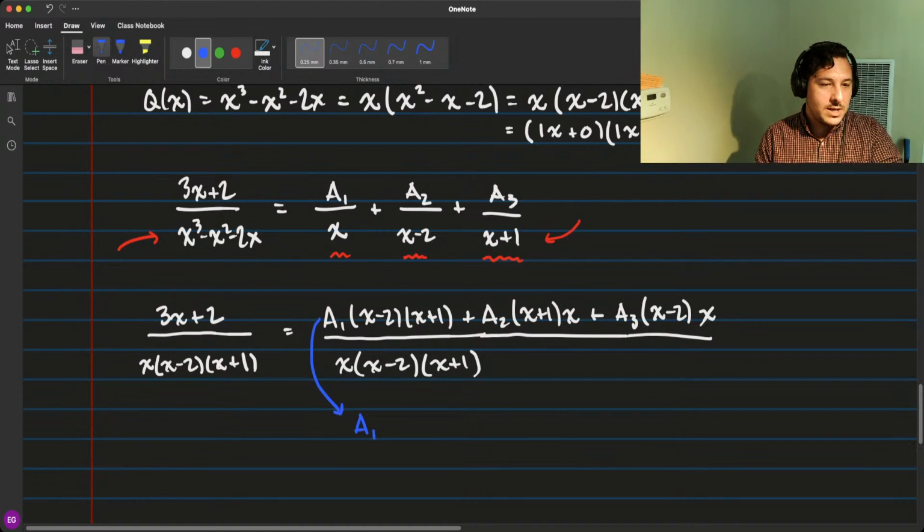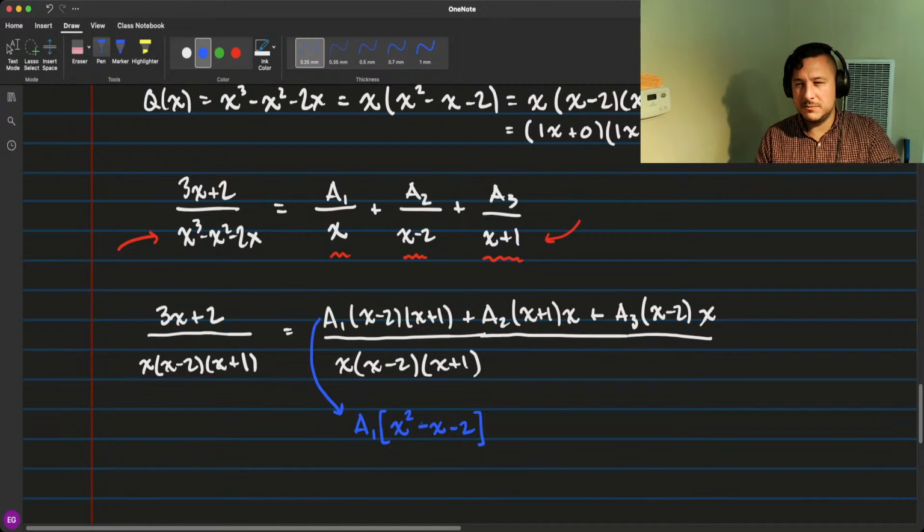You're going to get a1, and then we need to multiply x minus 2 times x plus 1. If you multiply those out, you're going to get x squared minus x minus 2. Did I multiply x minus 2 and x plus 1 there properly?